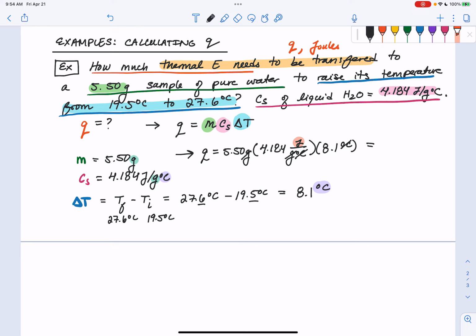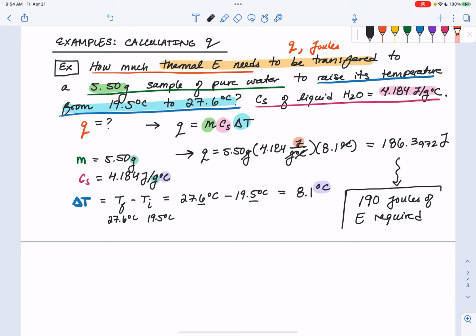So rounding to 2 sig figs, I'll write the full answer and then I'll round it. 186.3972 joules. So then to 2 sig figs, this would be 190 joules of energy required. So this is how we answer this problem.